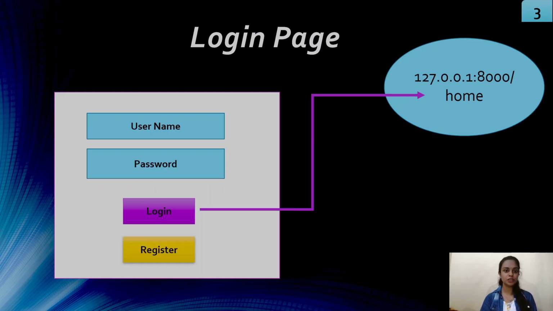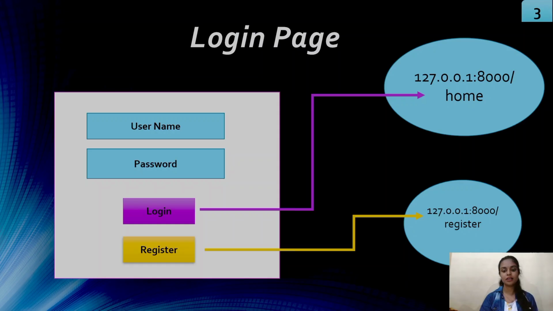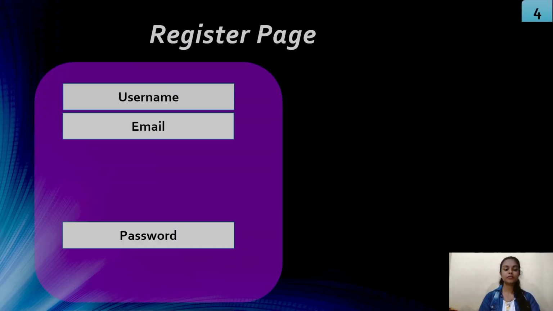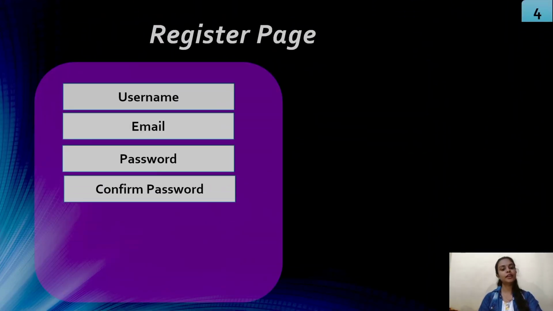If the user is a new user, then they can register themselves by clicking on the register button and visiting the register page. In the register page, they have to write all the information: username, email, password, and confirm their password. In this, email should be unique.